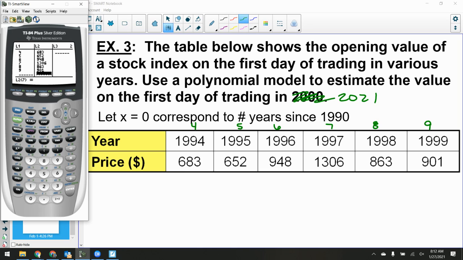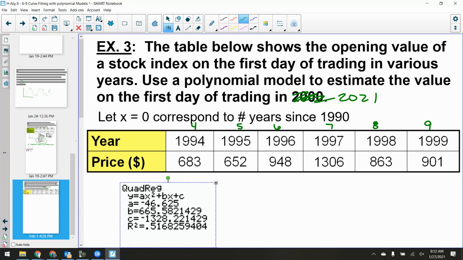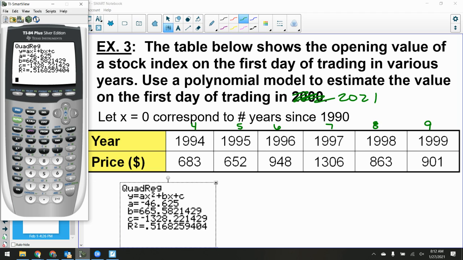Okay. Let's see which model best fits my data. I'm going to quit out to my home screen and run stat calc 5. Okay, R squared value for stat calc 5 for quadratic. Meh. Stat calc 6, cubic regression. Okay, a little bit better.